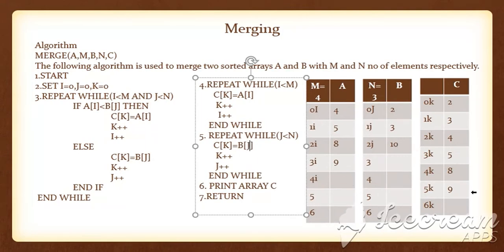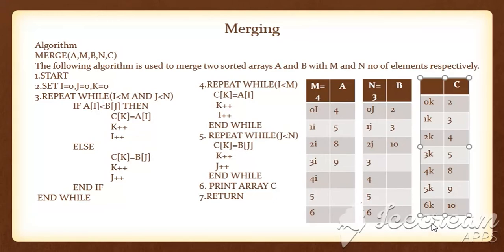B of j means 10. 10 will be placed onto the array C, and k gets incremented. When k is getting incremented, k becomes 7 here. So k becomes 7 and j increments to 3.